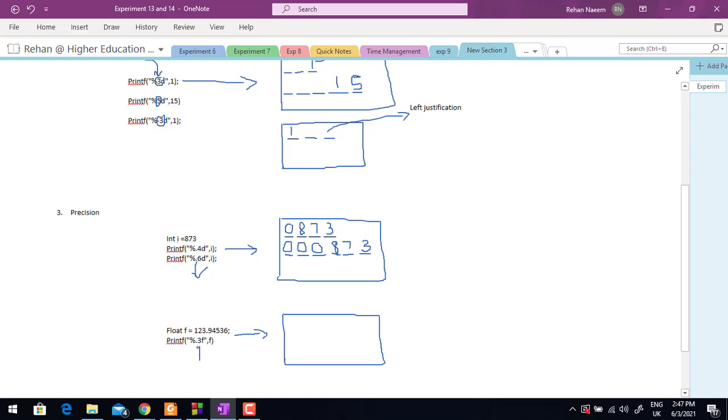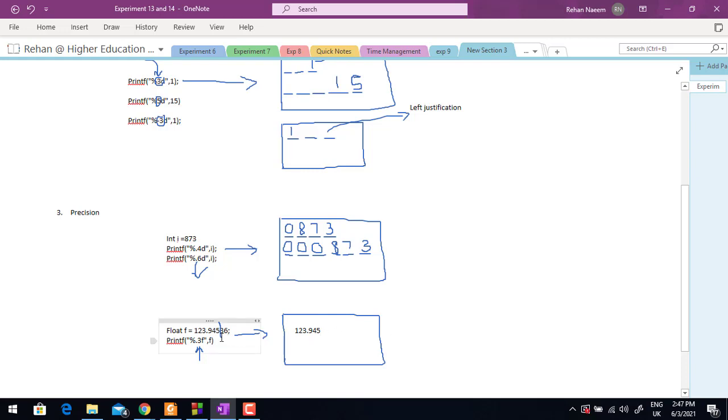So in case of floating number, this 3 indicates to the computer to only consider 3 digits after the decimal point. So the 3 digits are 945, whereas 3 and 6, they will not be printed at the output. So the final output will be 123.945.